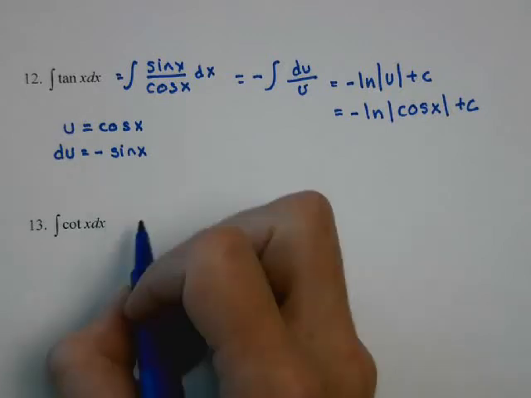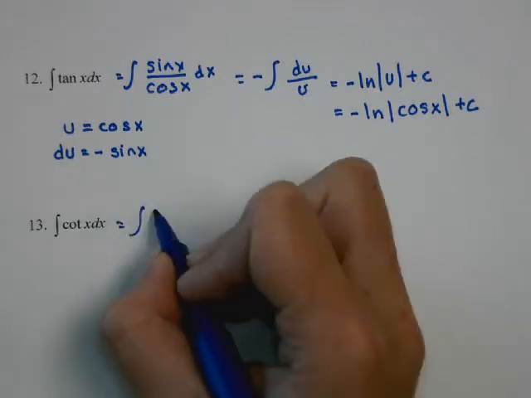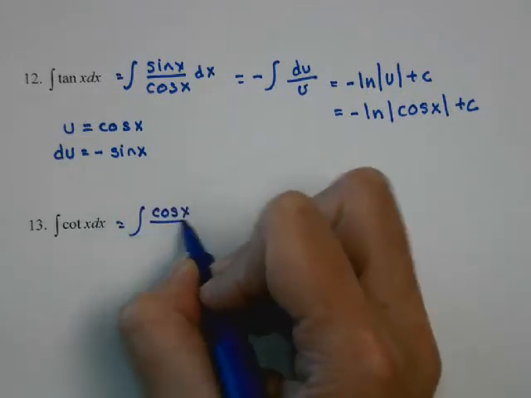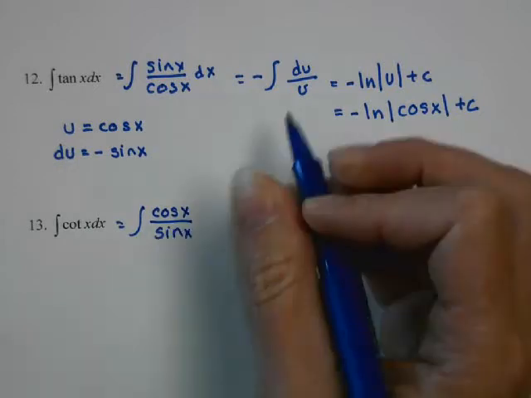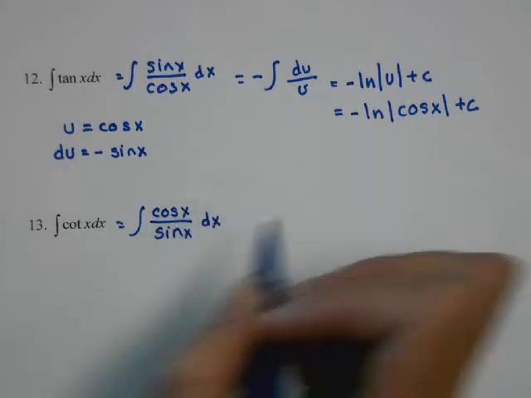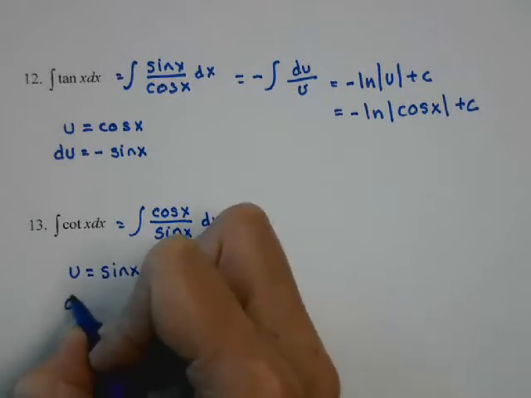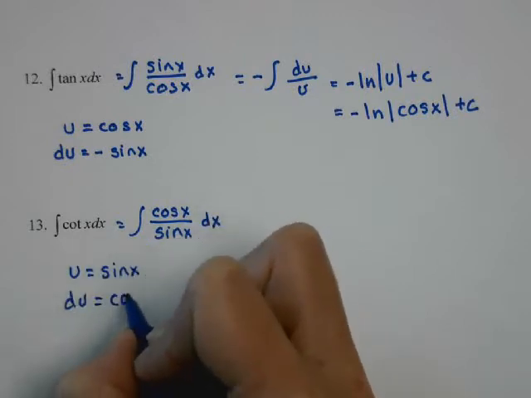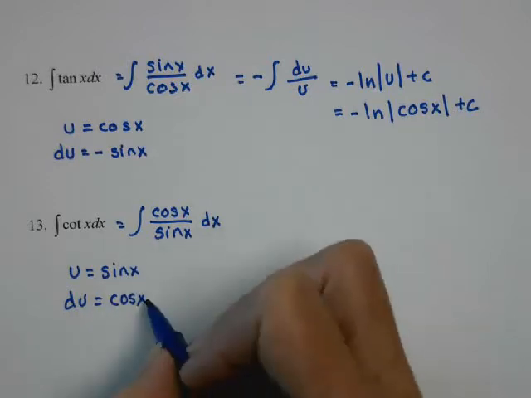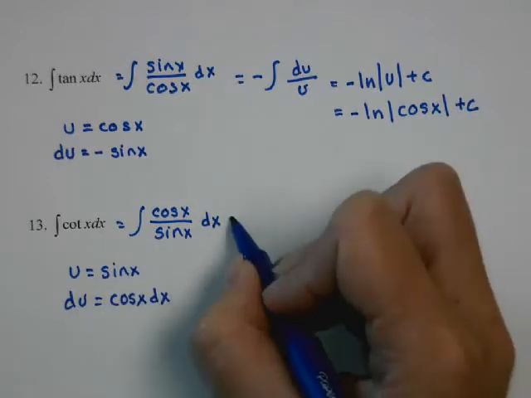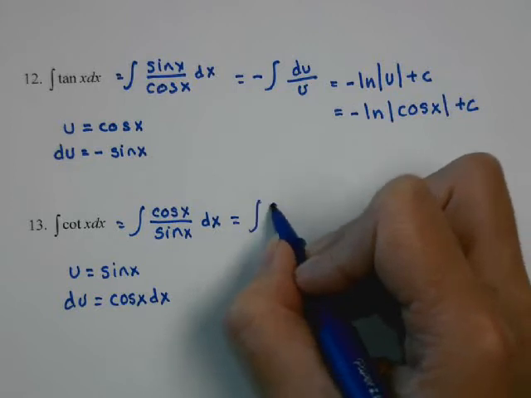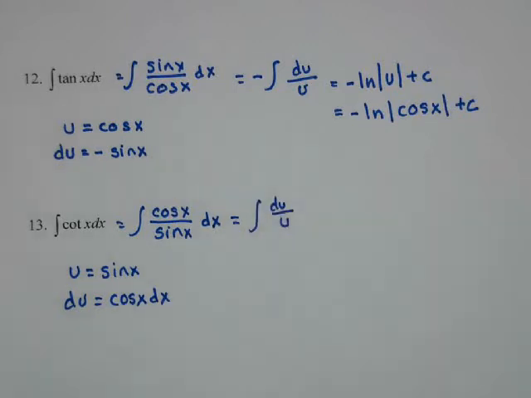Now we're going to do the same thing with cotangent. So cotangent is equal to cosine over sine. So we'll let u equal that denominator of sine x. Du is then going to be cosine of x dx. So we'll rewrite our integral as du over u.